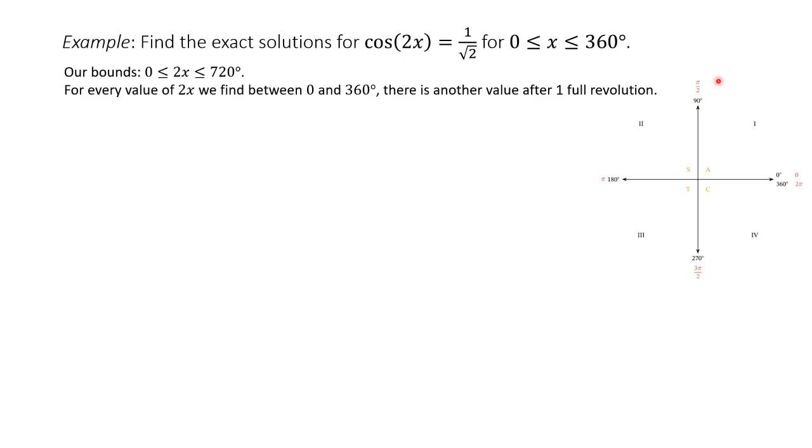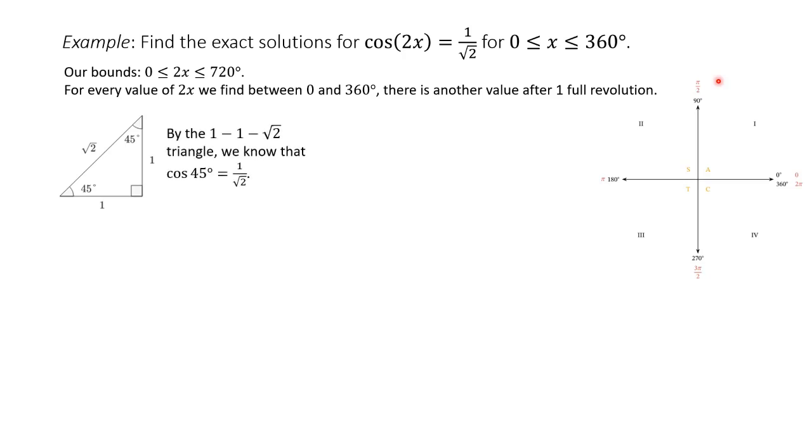So let's disregard the 2x in cos 2x. Let's just think of what value of cos gives us 1 over square root 2. Well, if we consider one of our special triangles, specifically the 1, 1, square root 2 triangle, we see that a value of 45 gives cos 45 equals 1 over square root 2.